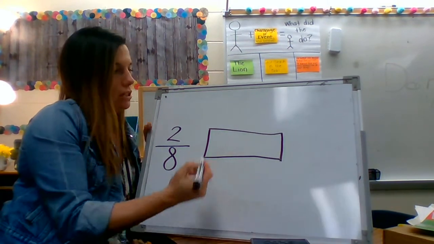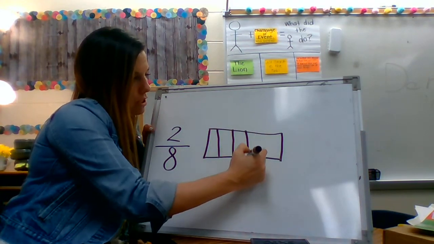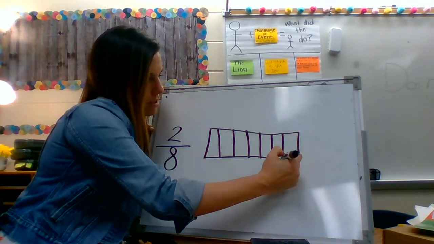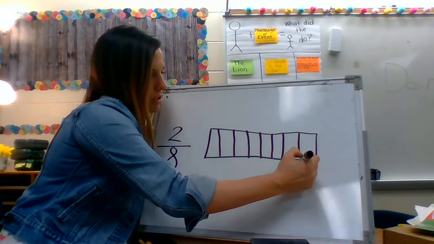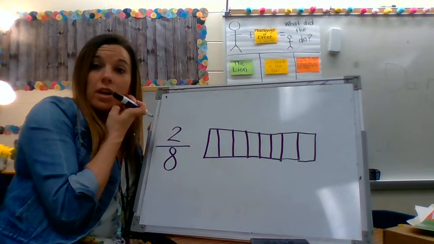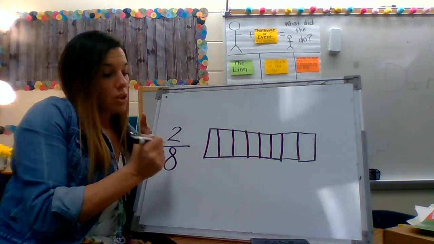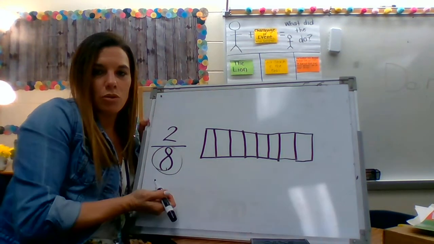And I know my rectangle isn't perfect. 1, 2, 3, 4, 5, 6, 7. Oh, I should have made my rectangle bigger. Okay. So here I have my rectangle. I have 8 equal parts, okay? Because my denominator is 8. So I needed to make 8 equal parts.